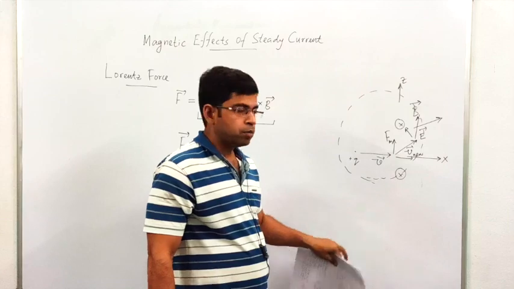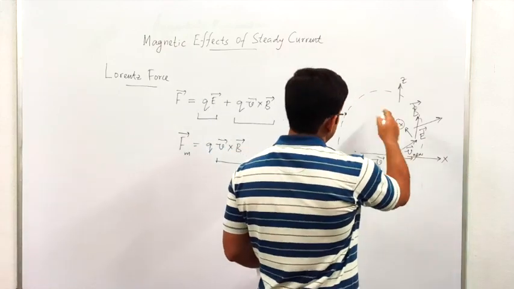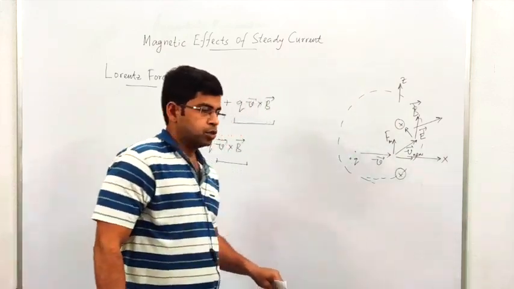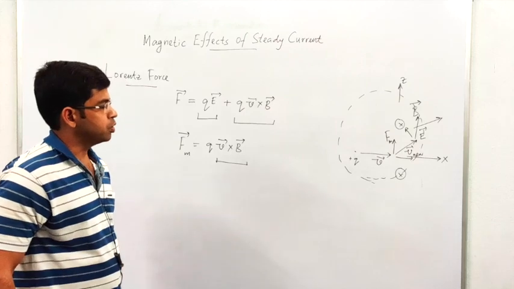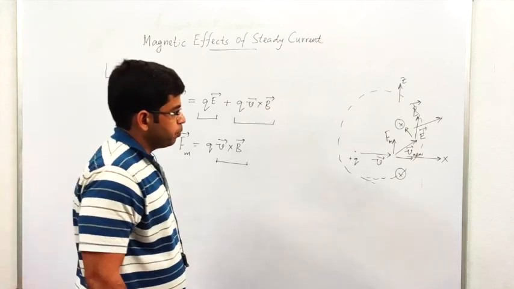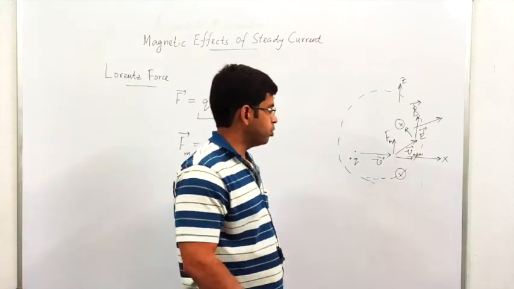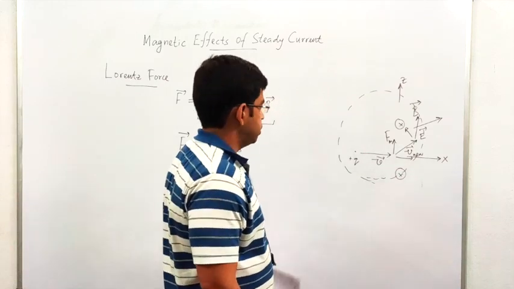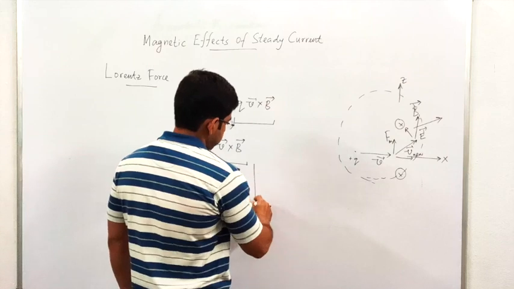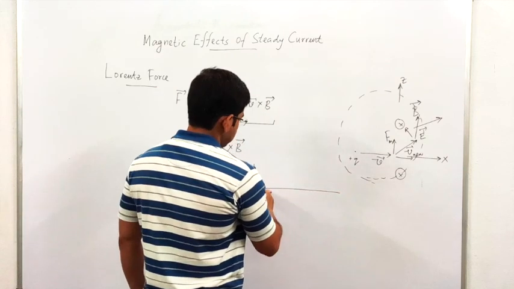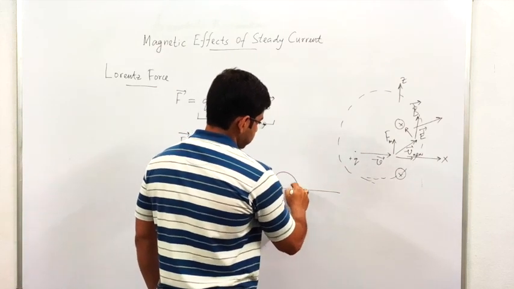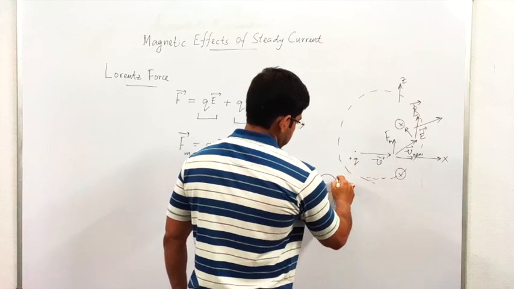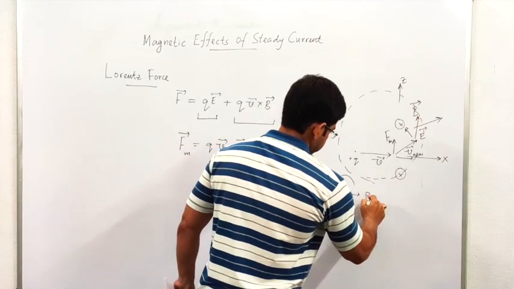The perpendicular component will have the same effect as we have already discussed, so it will produce a circular motion of the electron, while the component along the direction of B will simply provide a superimposing velocity, and the net effect will be that the particle will follow a helical path along the direction of the field B.